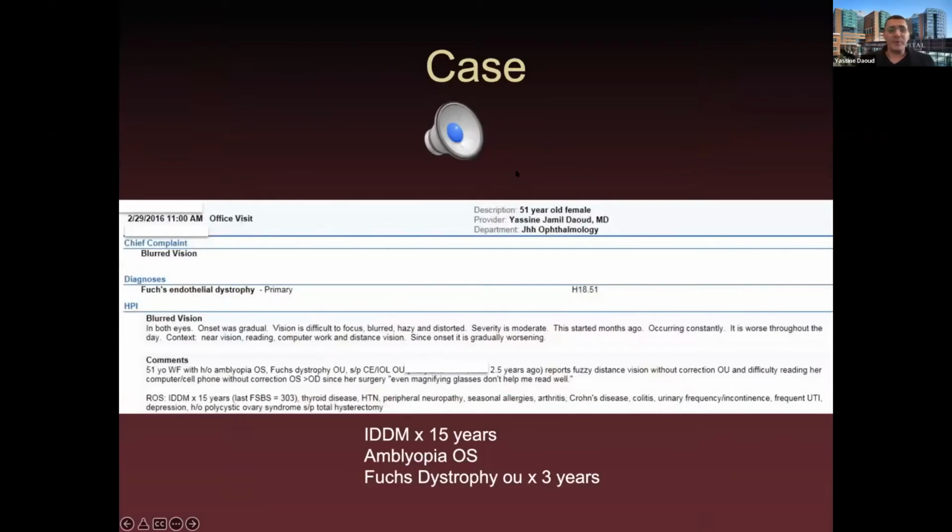So let's talk about this patient, and we'll learn about the pearls. I am with this 51-year-old lady who is after cataract surgery. This patient has diabetes. She has amblyopia. She has had Fuchs dystrophy for 3 years. They said I needed cataract surgery first, and they put in the lenses.